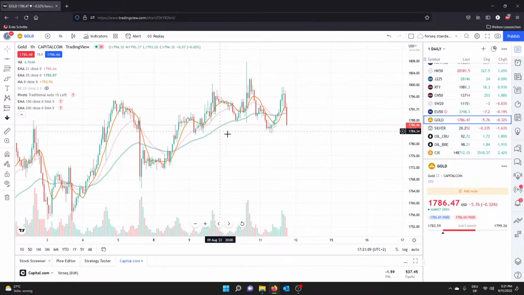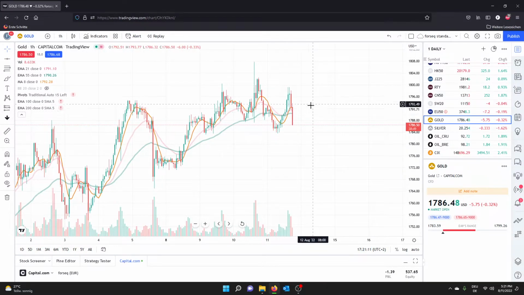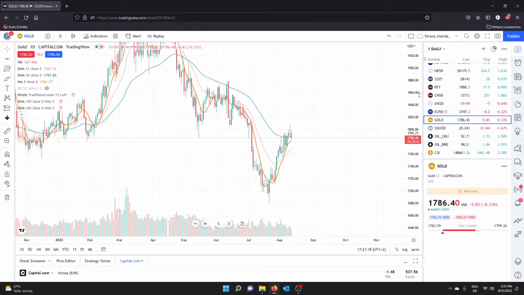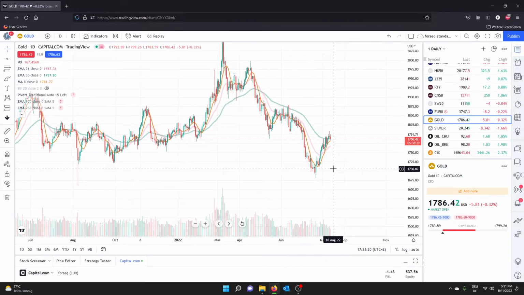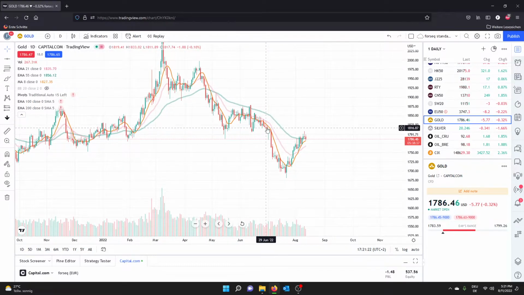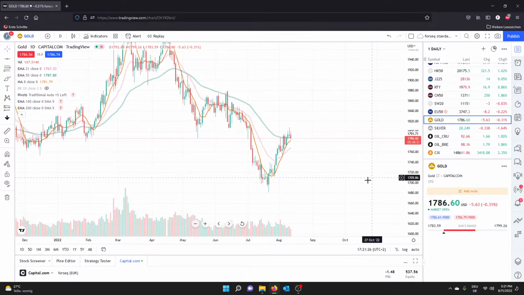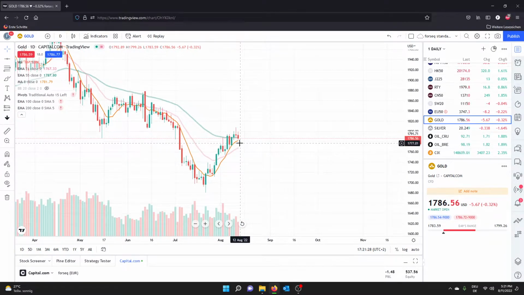We look at gold. Yeah, we see a pretty nice bearish movement. Let's look at the daily chart. Yeah, I think we could try a short trade here, but I would want to wait for the next candle.